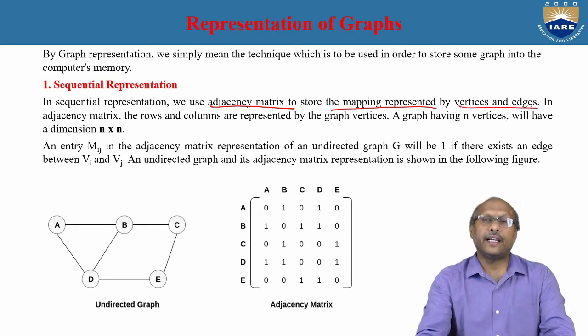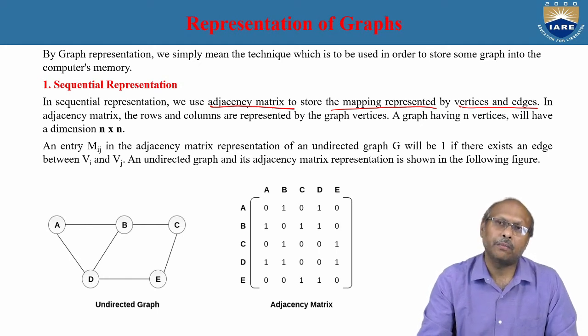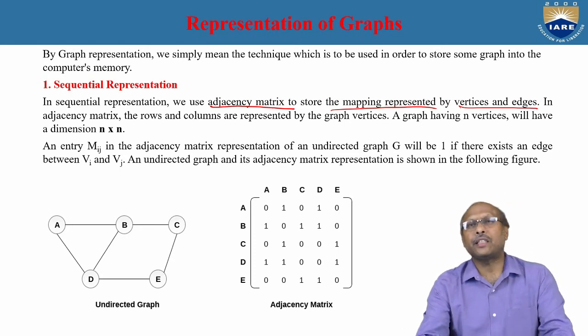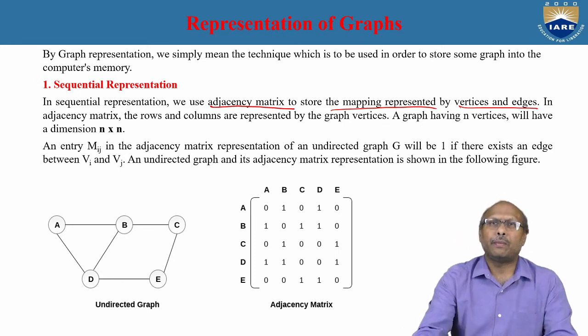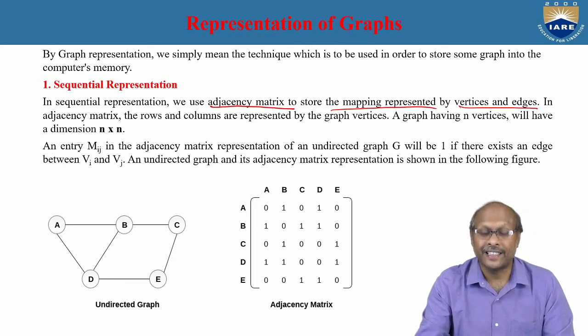So, to represent a graph, you can use adjacency matrix. Adjacency matrix is the main data structure to store the details about the graph. In exam, they may ask a question: what are the different mechanisms to represent the graph? One is adjacency matrix, second one is adjacency list.